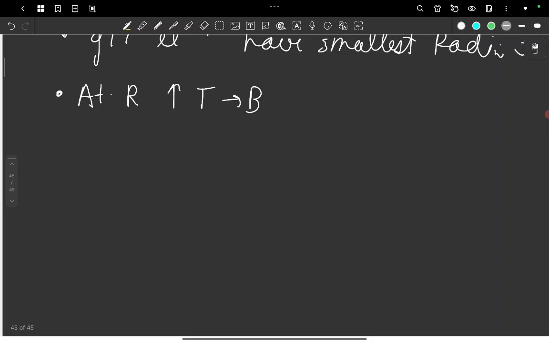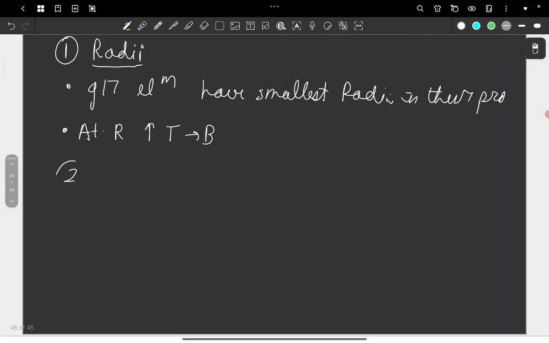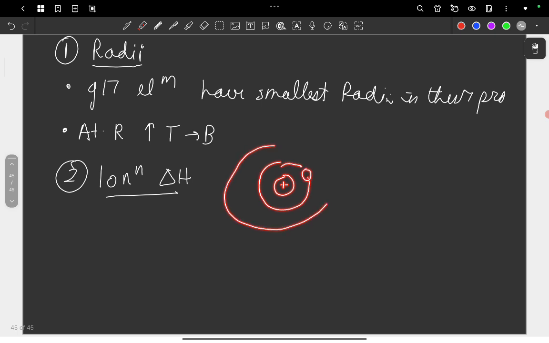And if we now talk about the ionization enthalpy, what is the ionization enthalpy? It is basically if I have a nucleus over here and this is an atom, then in order to take away an electron from this nucleus, I will have to provide energy to take this electron out. That energy which I need to provide is the ionization enthalpy.